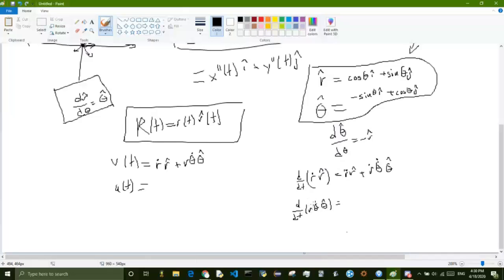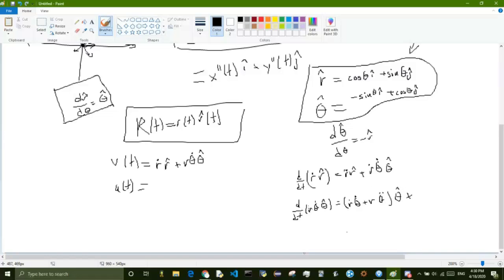So the derivative of this, this r times theta dot, is another product rule, right? So it's r dot times theta dot, just take the derivative of this, then add r times the derivative of theta dot, theta double dot. Then we multiply by this term, theta hat. Now it's very easy.